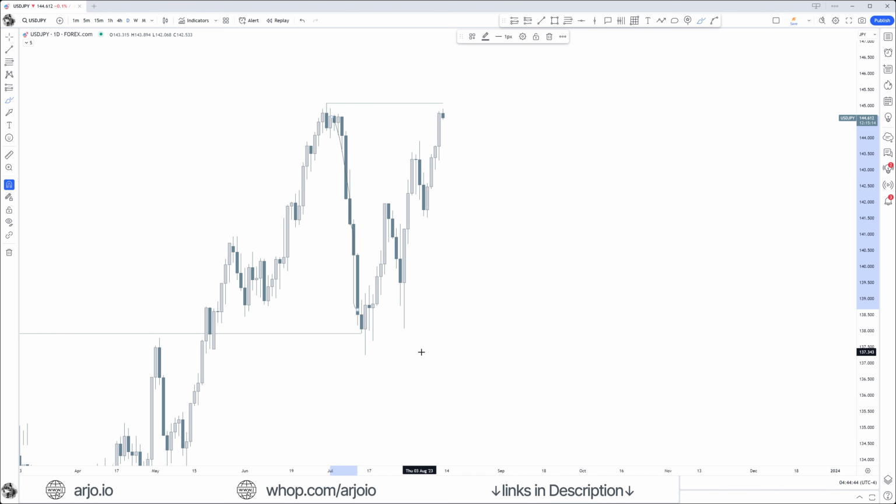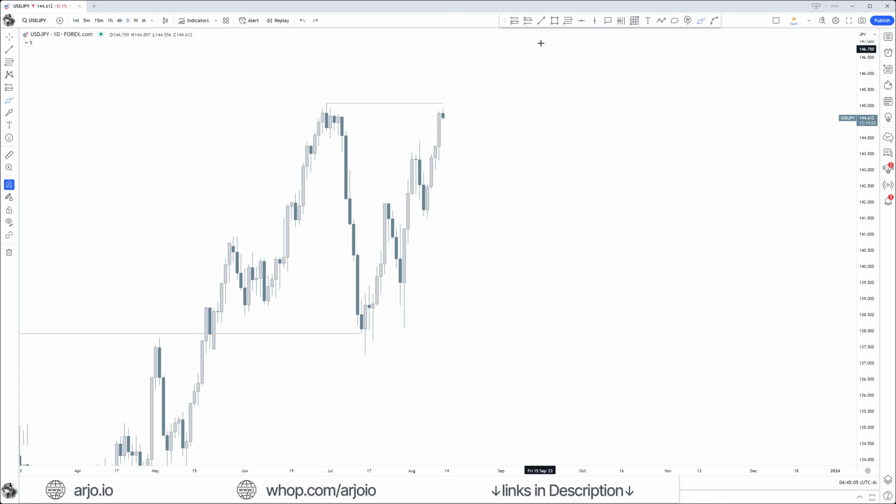So the thing I'm trying to tell you here, I hope you can understand, because the way you get to an entry pattern is the exact same way as you get to a bias. Because this exact thing, when you move from monthly discount to monthly premium array, that gives your bias on your weekly, on your daily, on your 4 hour. When you then go into the weekly, into the daily, into the 4 hour discount arrays to premium arrays.